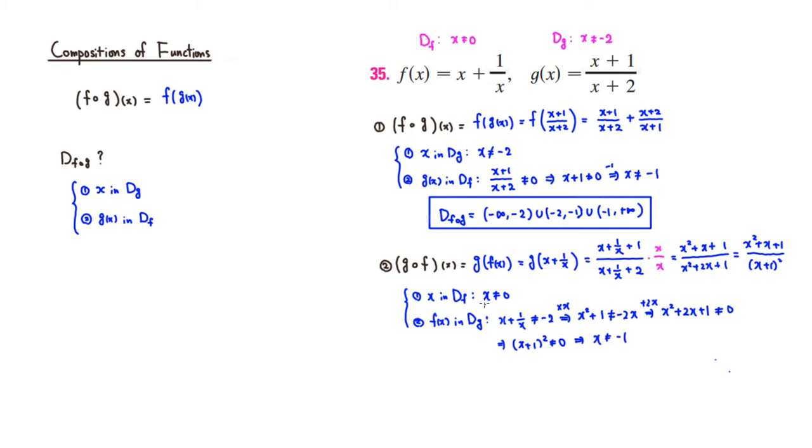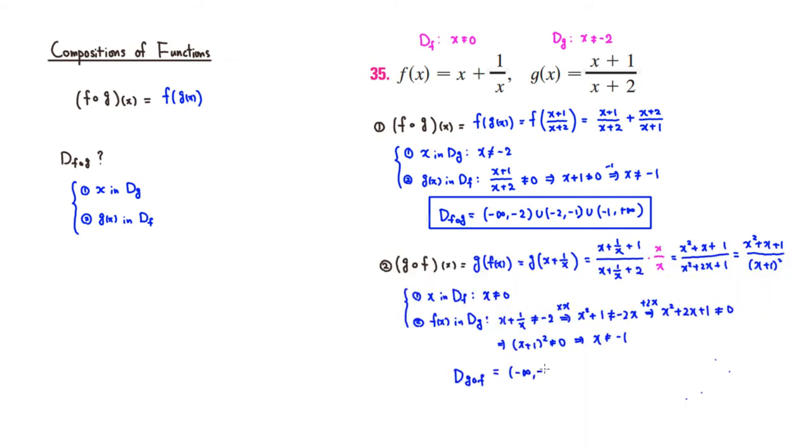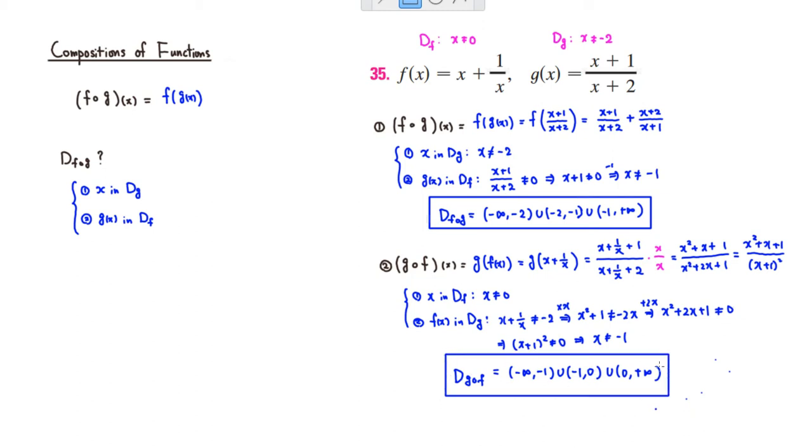So we know that x is not equal to 0 and x is not equal to negative 1. So the domain of g of f is all real numbers except for negative 1 and 0. It goes to negative 1, skip negative 1, go to 0, skip 0, and go to positive infinity. So this is the domain of g of f.